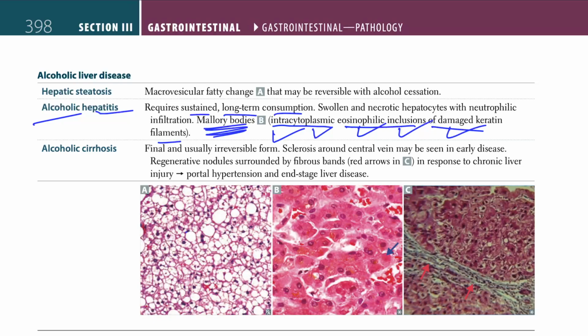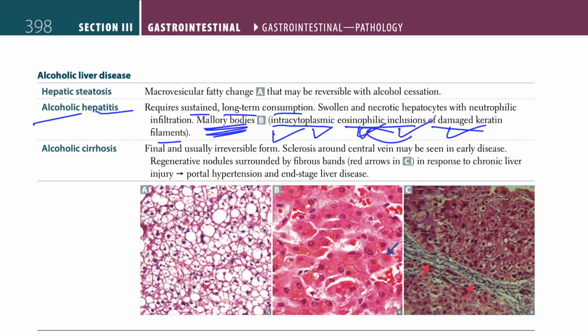What are the Mallory bodies? Mallory bodies are the keratin filaments present within the cytoplasm, and they are seen as eosinophilic inclusions.